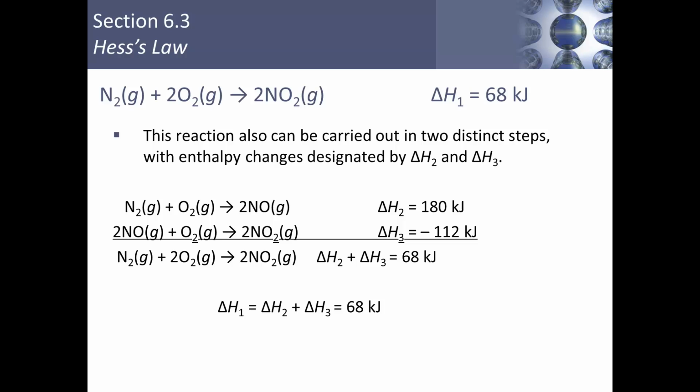Change in enthalpy 2 plus change in enthalpy 3 is equal to 68 kilojoules, which is equal to change in enthalpy 1. So it doesn't matter if we go through one step or through two steps, the change in enthalpy in going from nitrogen and oxygen to nitrogen dioxide is 68 kilojoules.